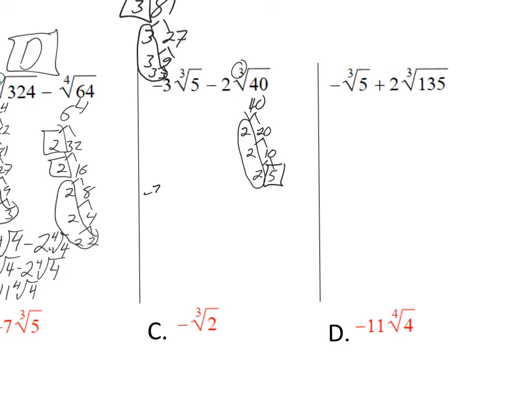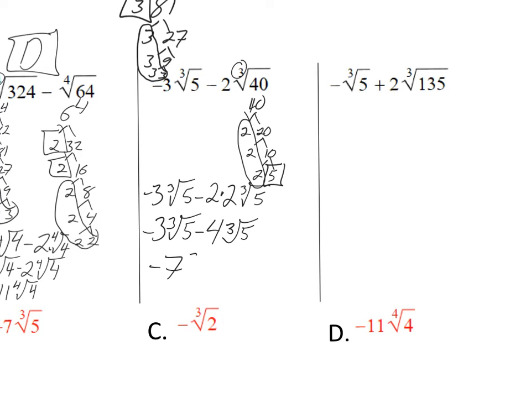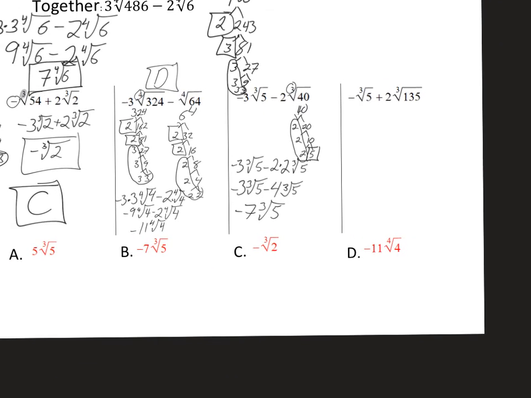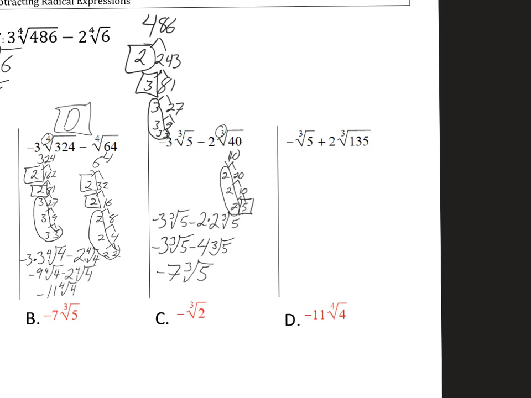So I have negative 3 cubed root of 5 minus 2 times my circled 2s cubed root of 5. So I have negative 3 cubed root of 5 minus 4 cubed root of 5. Negative 3 minus 4, that's negative 7 cubed root of 5. So let's look. Where does that show up? It is B. So I'm going to write, just somewhere, hey, this one's B.